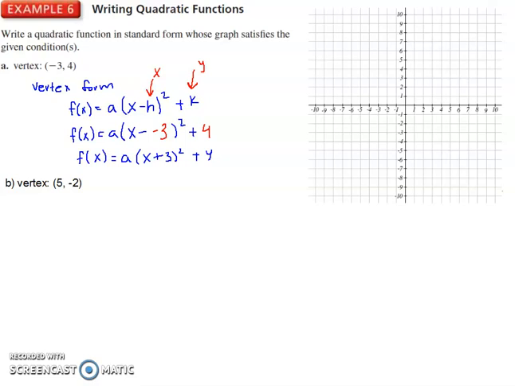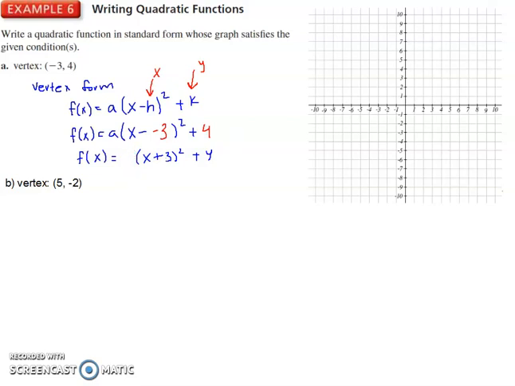Now all they asked for was an equation that has a vertex at -3, 4. We don't have any other conditions on this parabola. Well, a is going to tell us how wide or narrow our parabola is, but we aren't asked to make our parabola any more specific than just having a vertex at -3, 4.